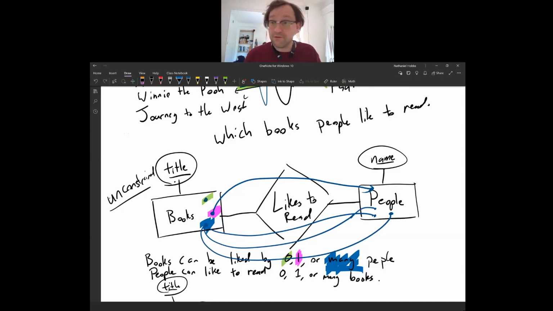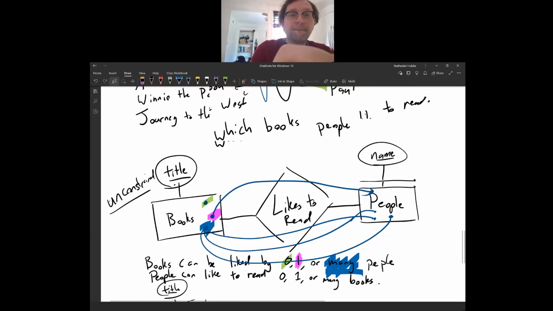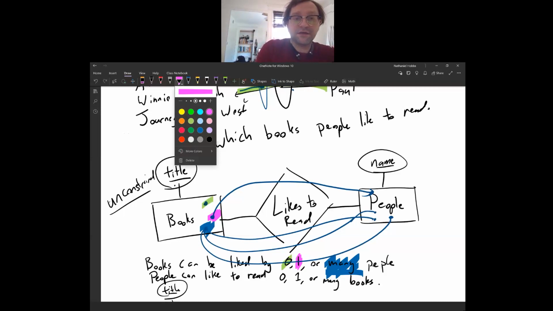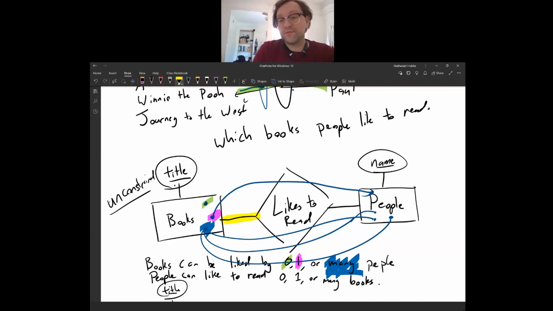An entity can have many relationships, but it must connect to other entities through a relationship. A relationship has two parts. It has two constraints. One going to the one entity, another going to the other.